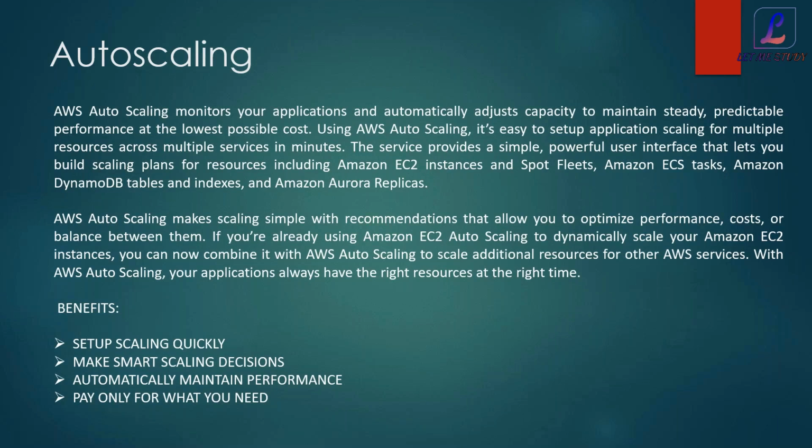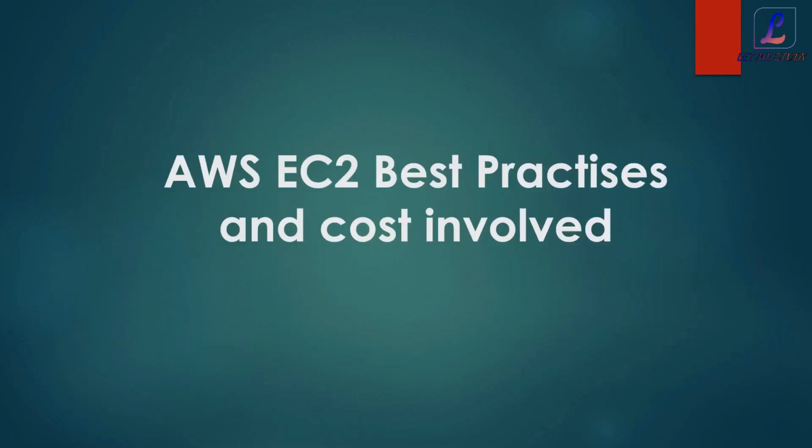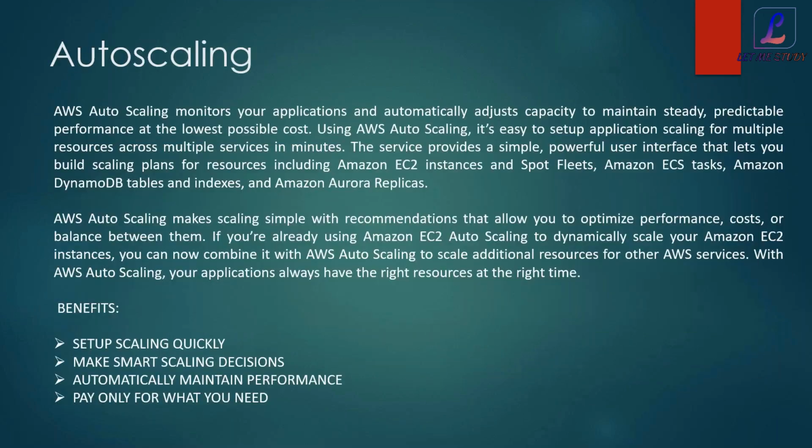There are two types of scaling: vertical scaling and horizontal scaling. Vertical scaling is where you keep updating your instance type. Let's say you are using 4 CPU and 8 GB RAM, and you increase that to 8 CPU and 16 GB RAM; that is vertical scaling.